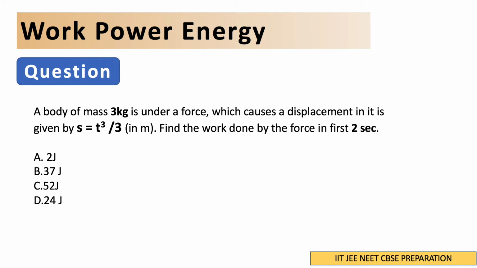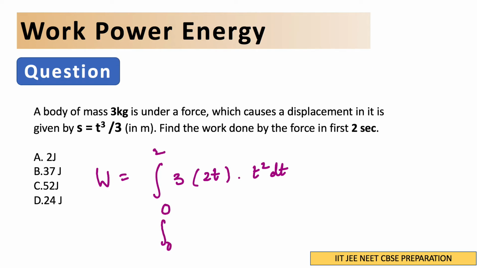So let's do it on a fresh page. Work done is the integral from 0 to 2 of 3 into 2t into t² dt. This becomes 6t³ dt. If you integrate this, 6 will come out, and the integral of t³ becomes t⁴/4, from 0 to 2.